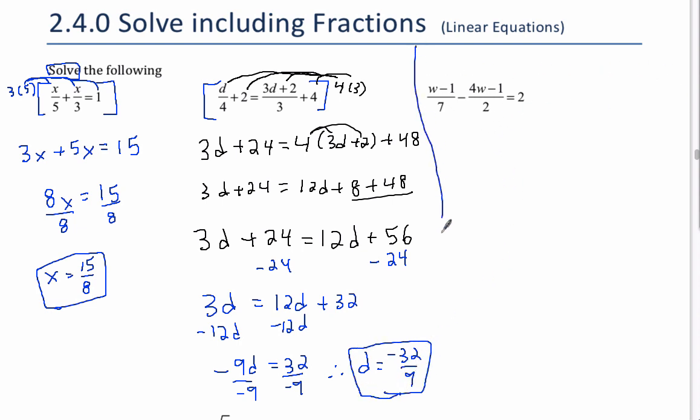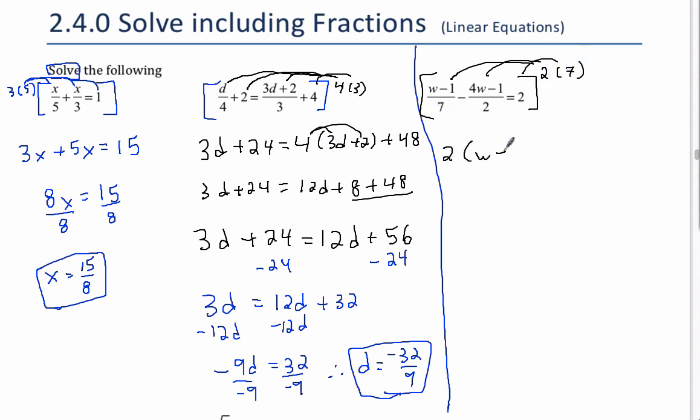All right? The last example, before we move on to one that's a bit more challenging, is one with a denominator of 7 and 2. So multiply everything by 2 and 7. And when that first term gets multiplied by 2 and 7, the 7's cancel and you're left with 2.